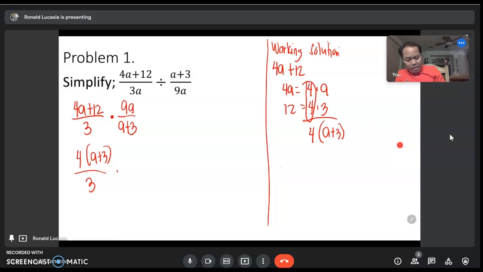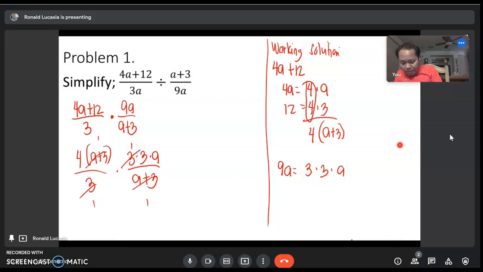9a can be factored out as 3 times 3 times a. So this is 3 times 3 times a over a plus 3. So I can divide this as 1. I can also divide this as 1. Which means I am being left with 4 times 3 times 1.